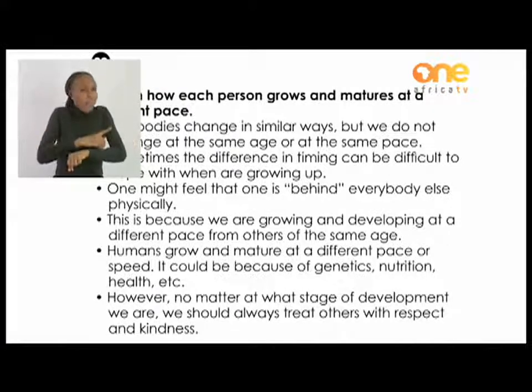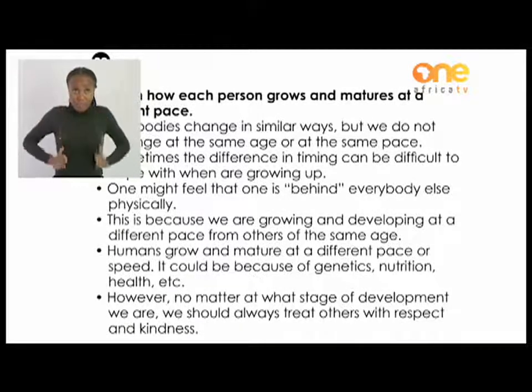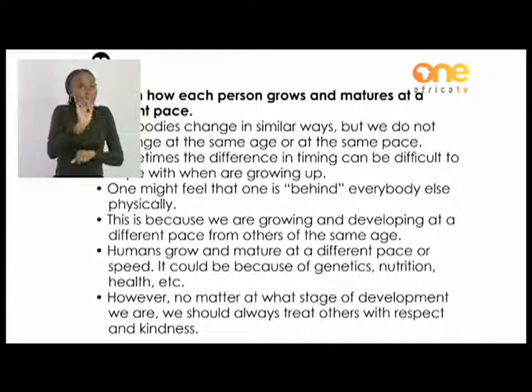It says, our bodies change in similar ways, meaning that your body has to change as mine through life. But it doesn't happen at the same time or at the same age, depending on the pace. Remember, we talked about the pace already, how fast or slow. Sometimes the differences in timing can be difficult to cope with when you are growing up, okay?